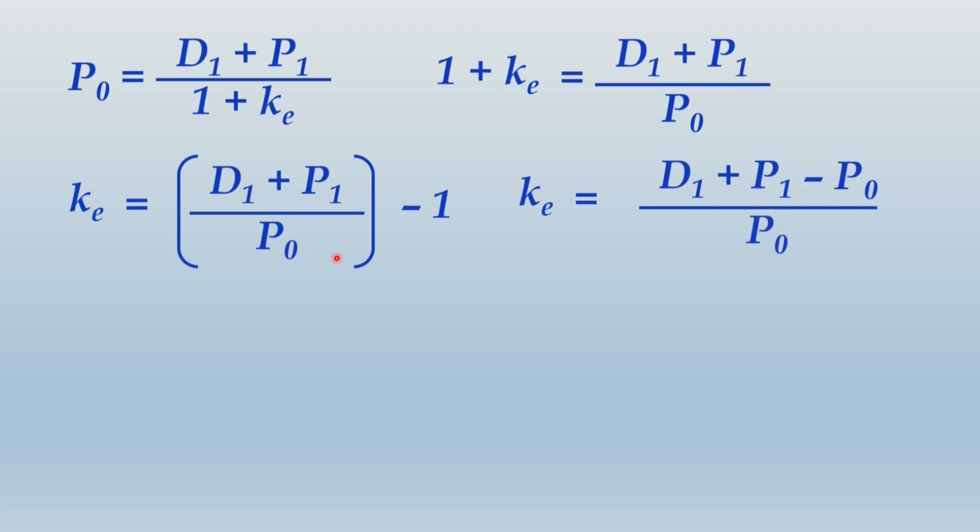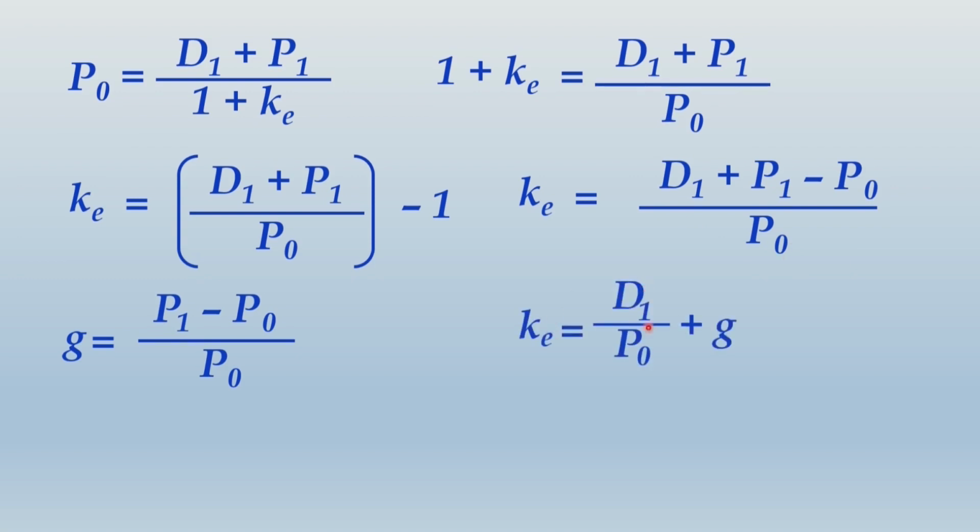Now we know one more thing, that P1 minus P0 divided by P0 indicates growth rate. That means this part of the formula, P1 minus P0 divided by P0 indicates growth rate, and this other part of the formula, that is D1 by P0. So finally what we can do is KE equals to D1 by P0 plus G, where G stands for growth rate. So friends, KE equals to D1 by P0 plus G.